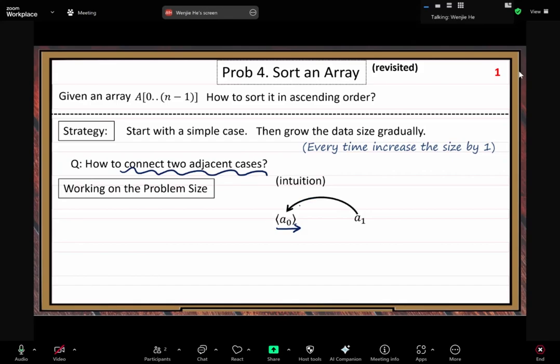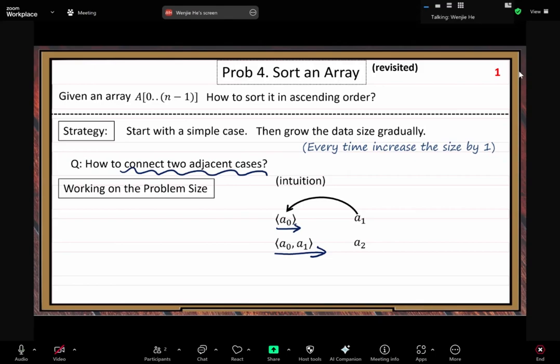So after comparison, we assume our array is ordered. Then add another new element, A2. Now we need to use the minimum number of comparisons to get all the elements ordered.